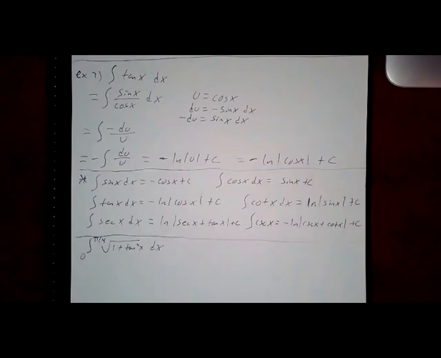So that's square root of 1 plus tangent squared. What is 1 plus tangent squared back in pre-cal? Do you remember? How can we rewrite 1 plus tangent squared? Can you substitute?